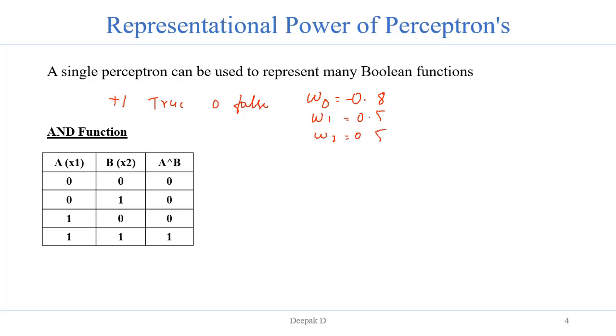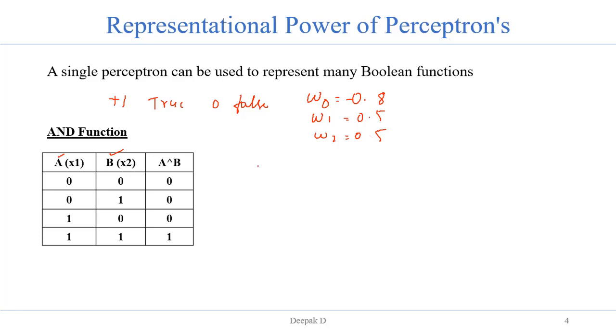Why I have taken W1 and W2, I will explain in detail. See, there are two inputs. One is A, which can also be used as x1, and B as x2. So I represent the perceptron first.